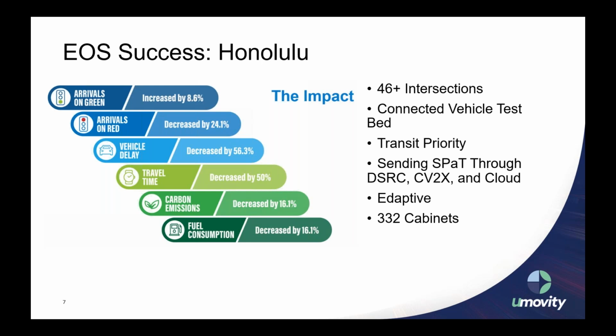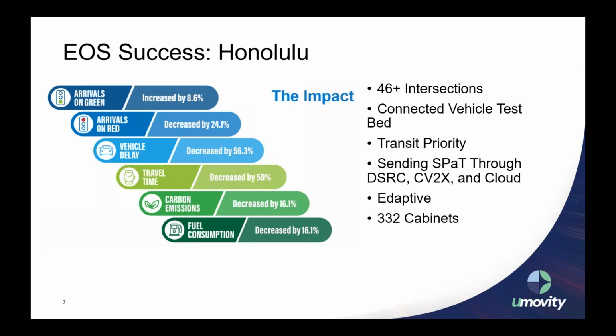So it was really a progressive project, and we made some significant improvements in the performance of their system just by updating with EOS and providing the Centrac software, the transit priority control, some connected vehicle equipment for communicating SPaT and DSRC and C-V2X, as well as cloud, and then turned on our adaptive algorithms in Centrac.